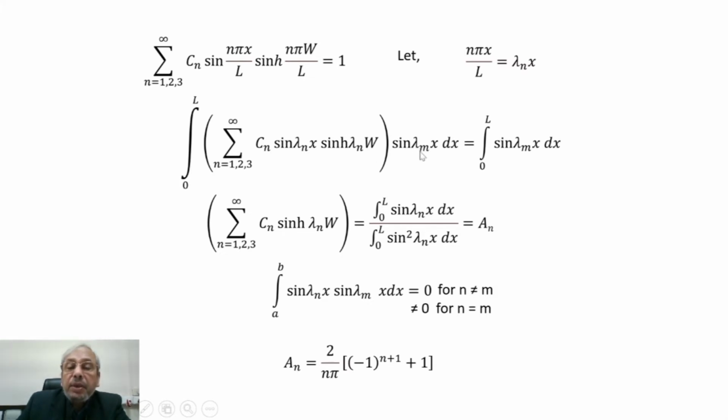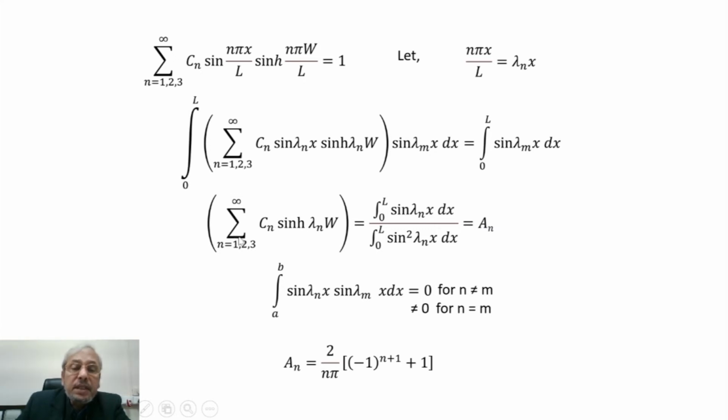If we say m equal to n, then we can write sine square lambda n x dx, and how I can explain it a little later. So this part can be written as an.